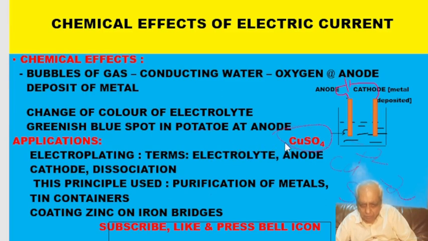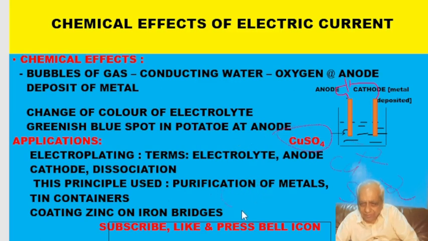Also, this principle is used for extraction of metals or for purification of metals. We will be learning this in metallurgy in 10th standard. Also, you can see this if you take a potato.